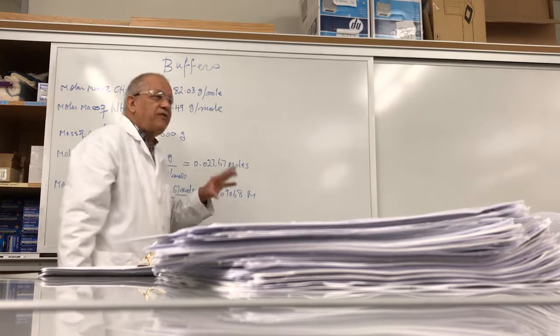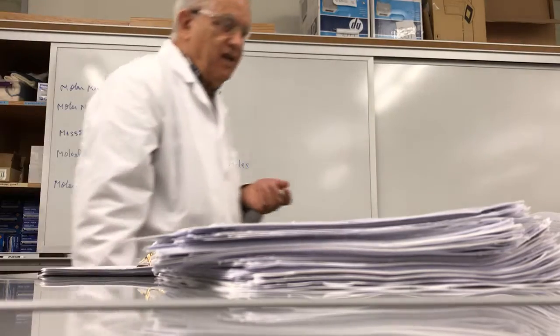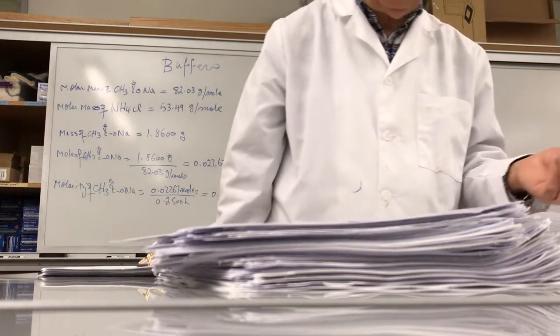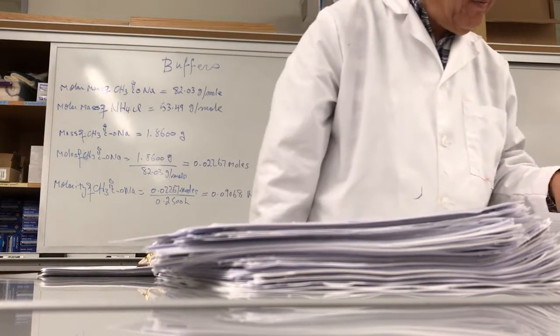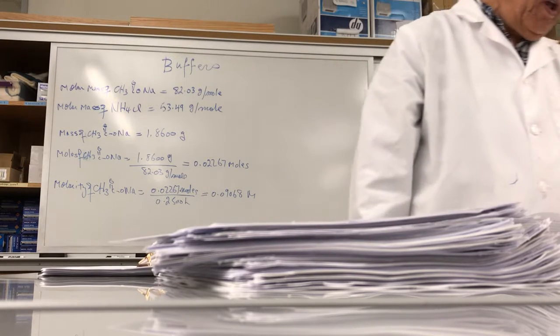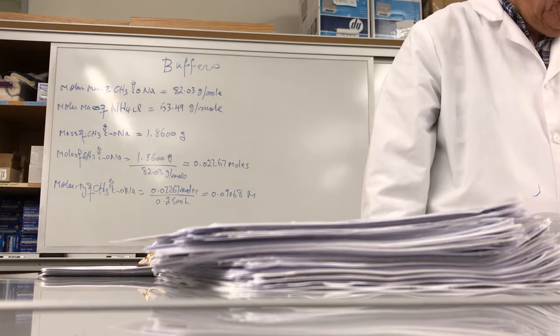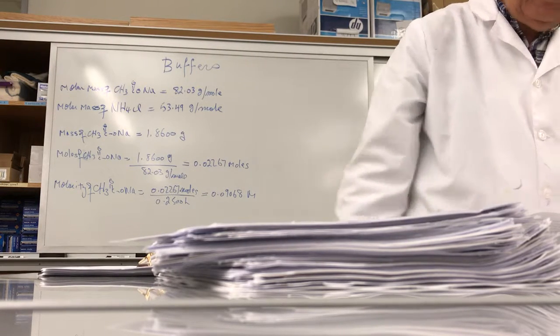I found the molarity of this sodium acetate. Now I need to find the moles and then the molarity of acetic acid, because it's a mixture. For you, the volume of acetic acid used is 3.49, the molarity of acetic acid is 3 molar, and you find the number of moles.